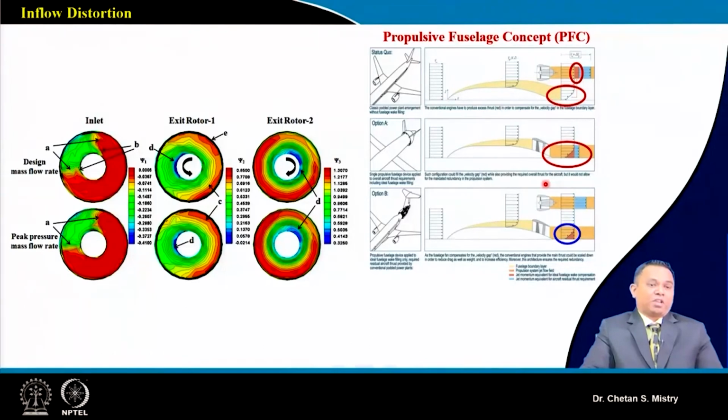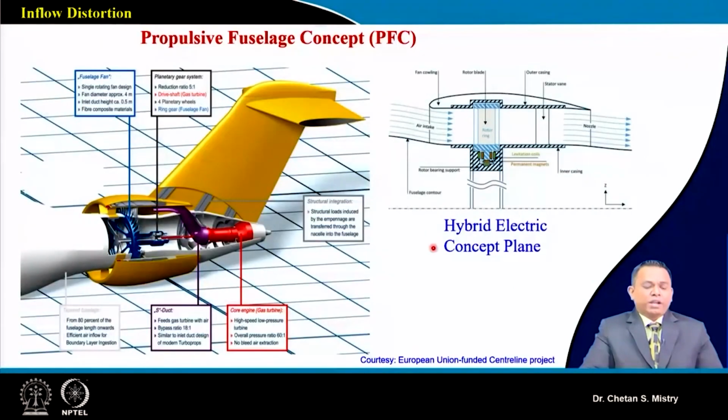Now if we look carefully, this is the European Union funded Centreline project. In this case, this is a fan, and again this is a fan; that's the reason why this is of our interest.